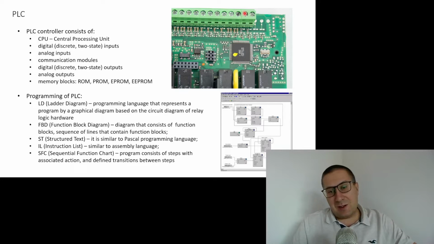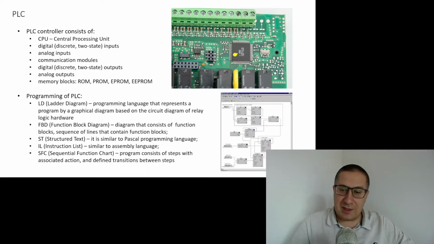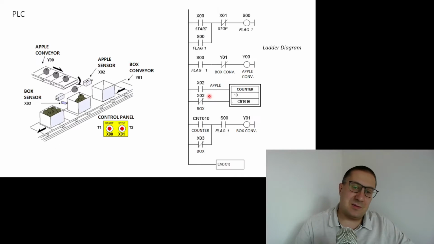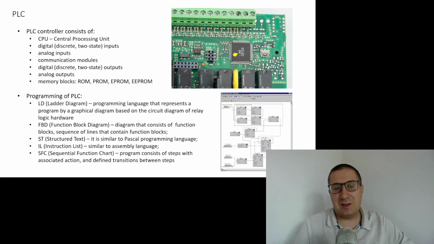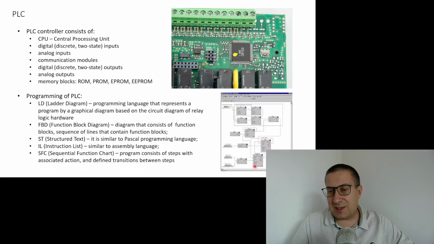Okay, there are many ways of programming the PLCs. We can have ladder diagrams like this. This is one of the oldest ways of programming the PLCs from the historical point of view, and very popular. We can have something like function blocks. Here you can see, for instance, the definition of the algorithm that controls the water level in a drum in a power plant.